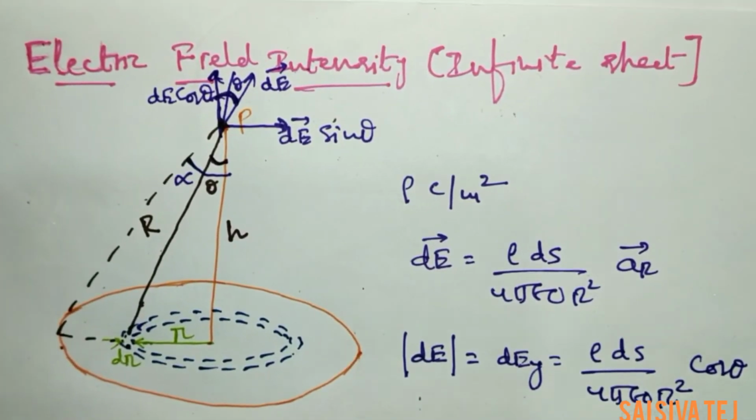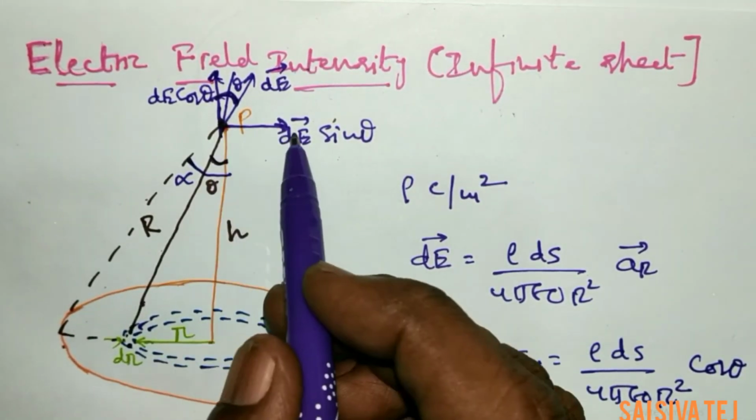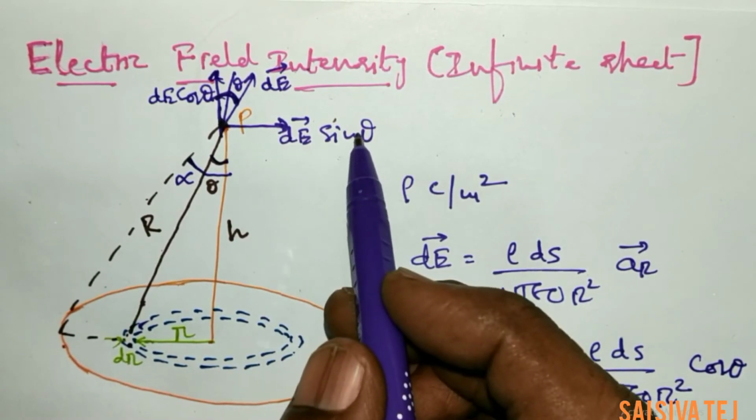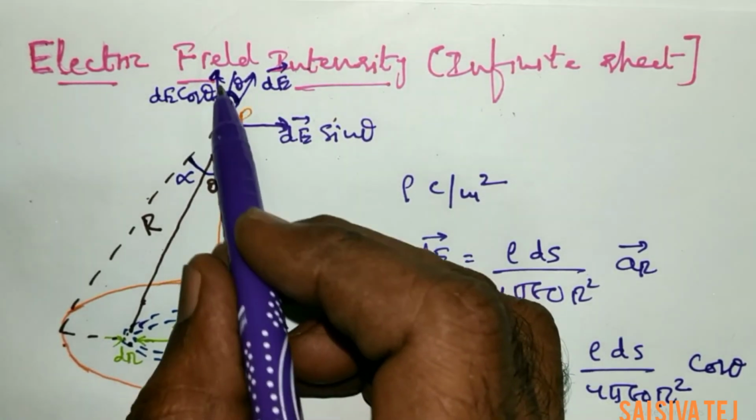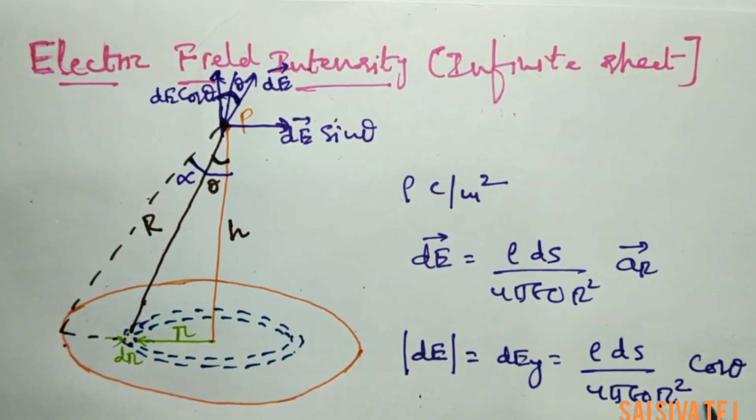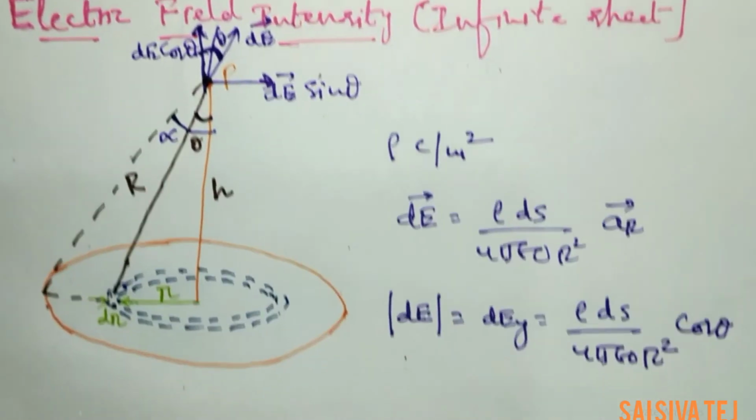Let me explain once again. The horizontal components are neutralized because whatever electric field intensities we get on the left hand portion are neutralized by the elements we consider on the right hand side. Hence we are left with only the vertical component that we have written.